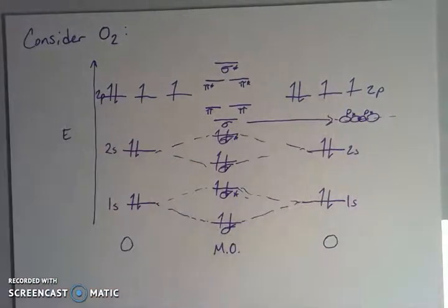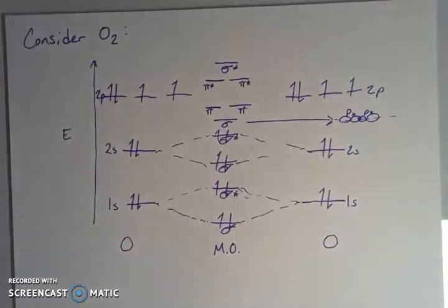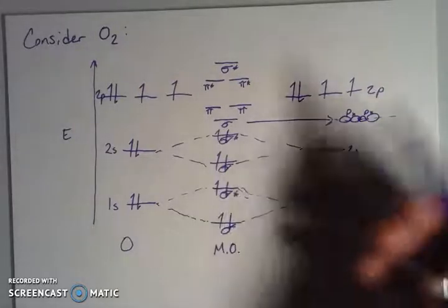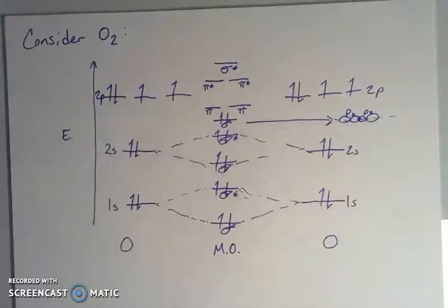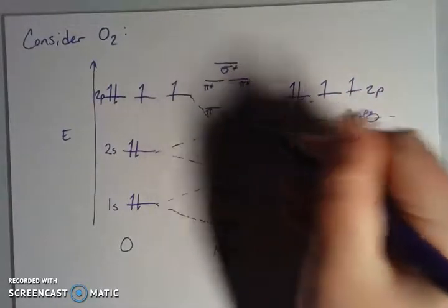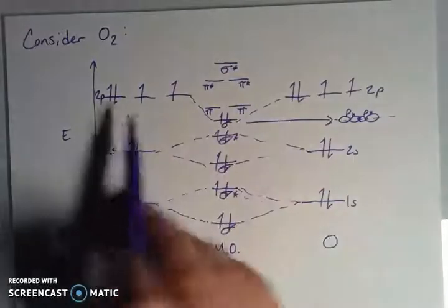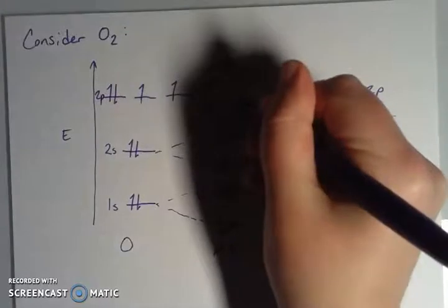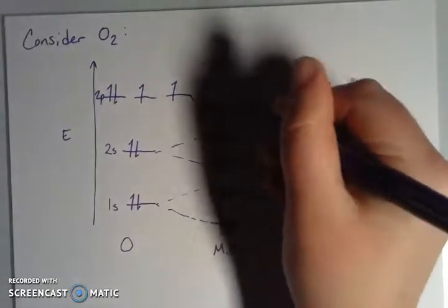I have 4 from each to work with, so I'm going to fill them in from the lowest energy up, like I do with an energy diagram in general. So 2 are going to be here, 1 from each of these. Then my pi's, I can do 1 and 1, 1 and 1.